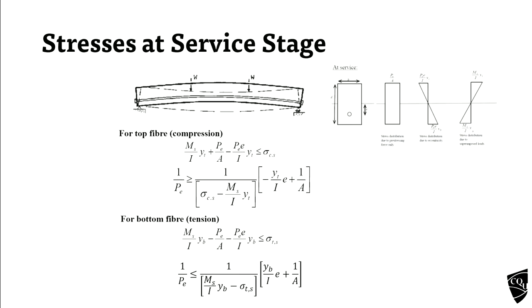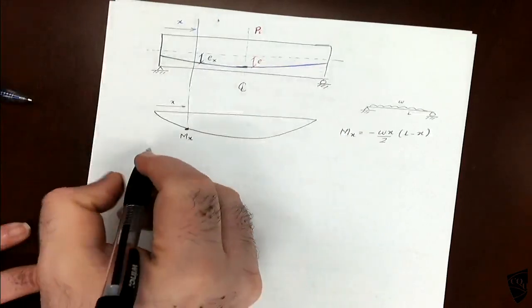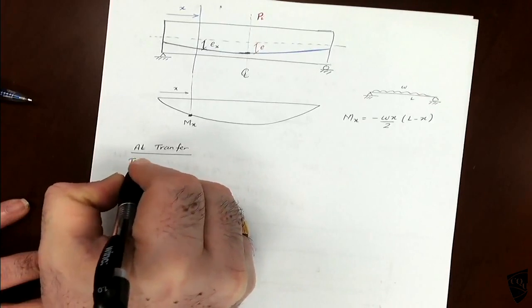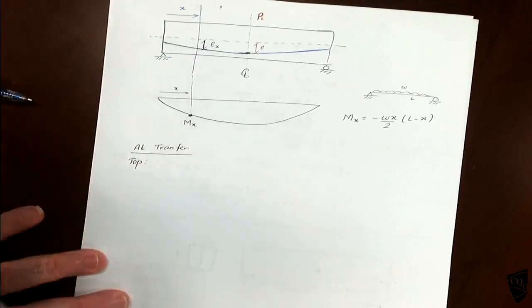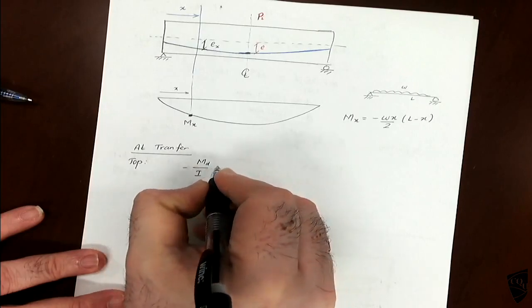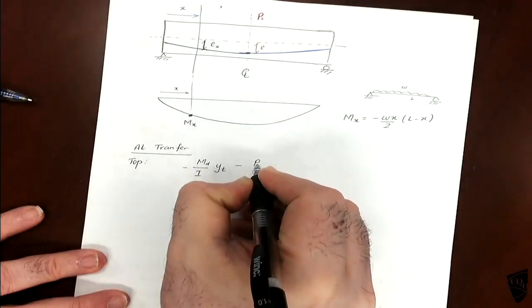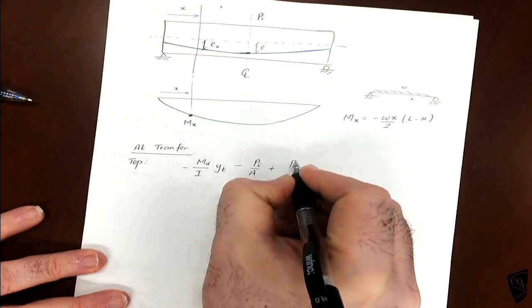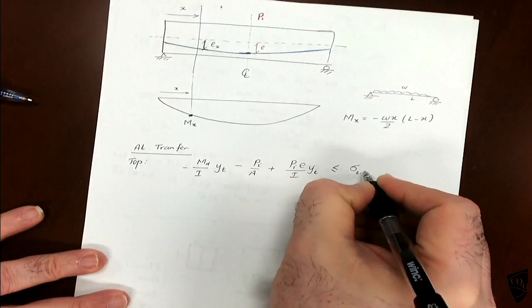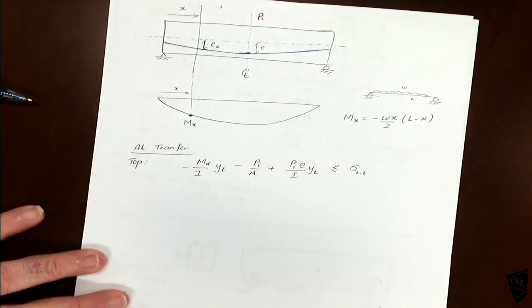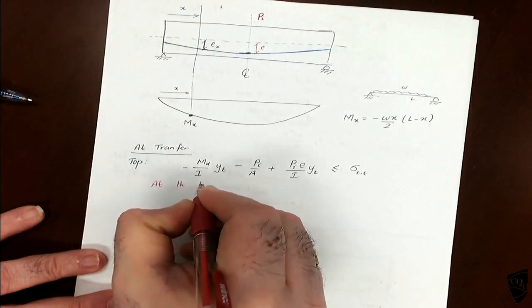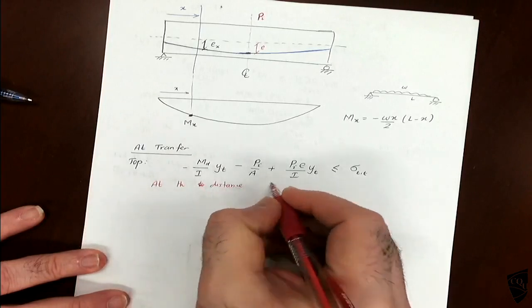If I write that inequality, this is at transfer, at this location, distance x.